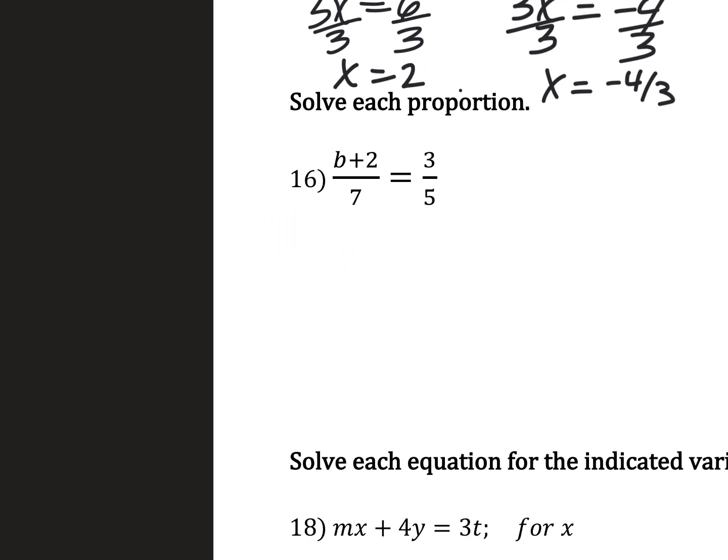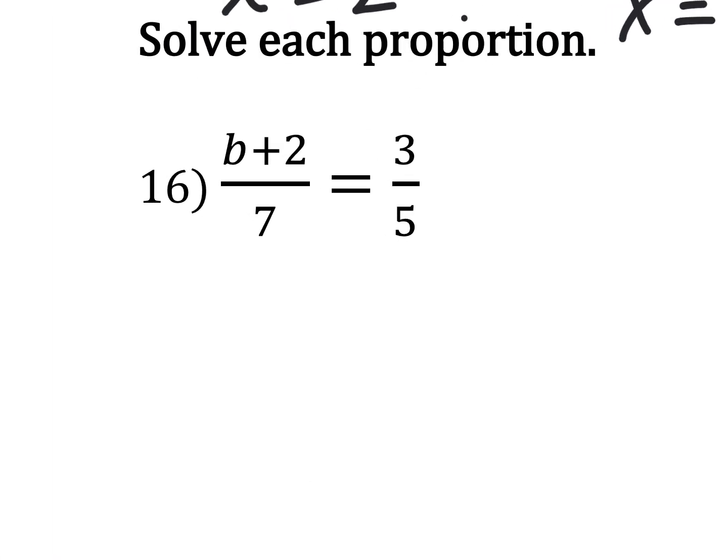All right, number 16. All right, so we've got one variable. So all we really need to do, that b plus 2 is trapped on top of that 7. So the first thing we need to do is get rid of dividing by 7. How do we get rid of dividing by 7? We multiply by 7. You can, but you do not need to multiply both sides by 5 because you don't have a variable on top of that 5.